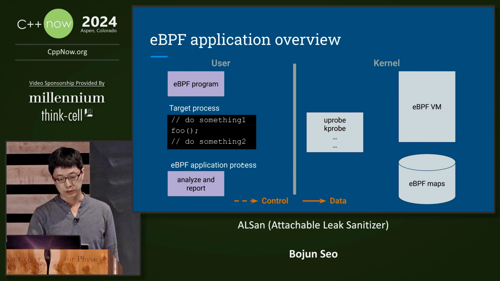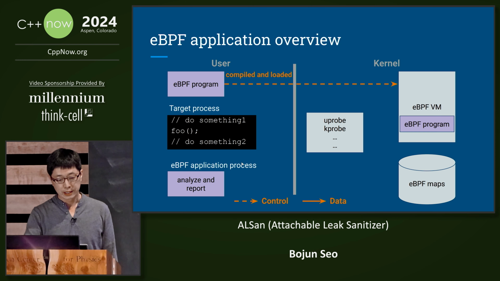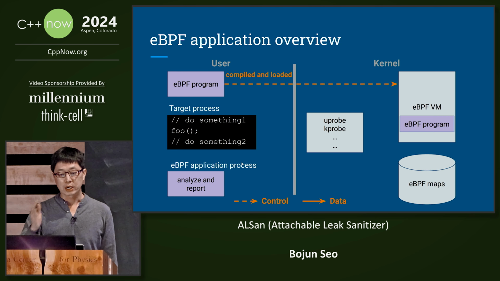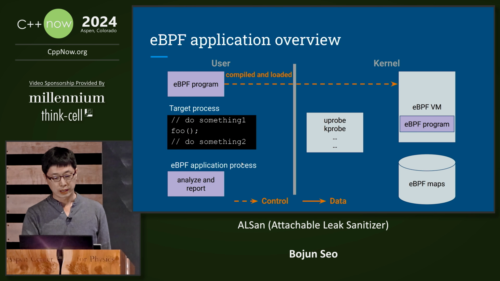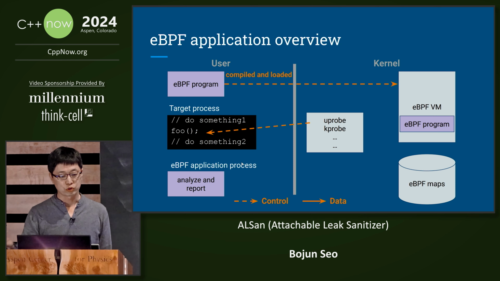First, the eBPF program will be compiled and loaded into the Linux kernel, and then attach uprobe to the target function of the target process.